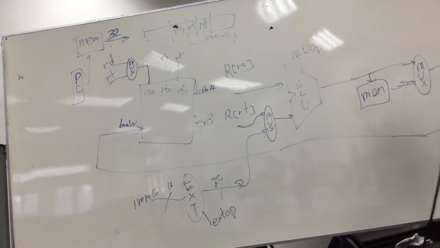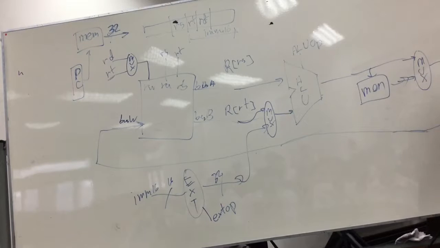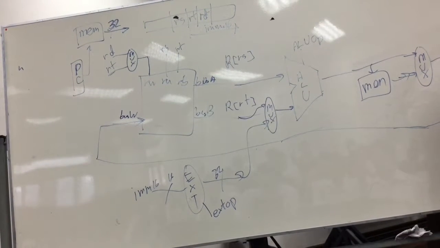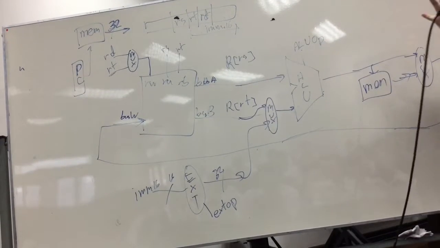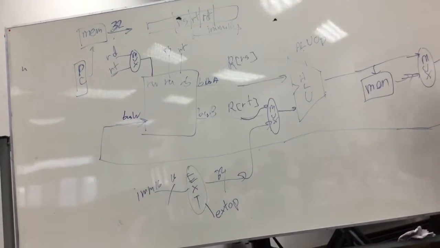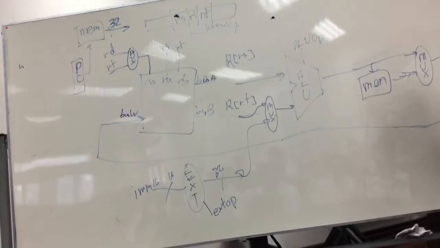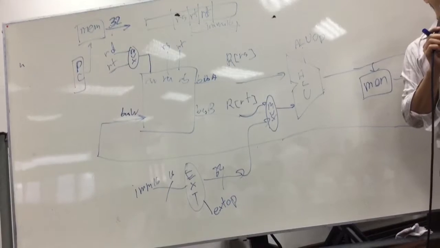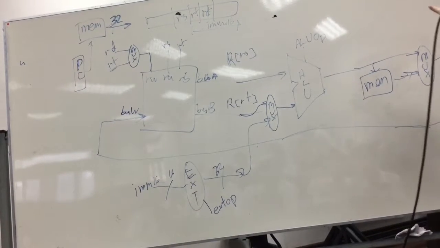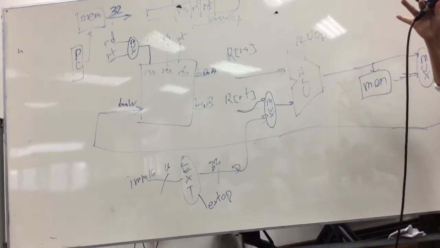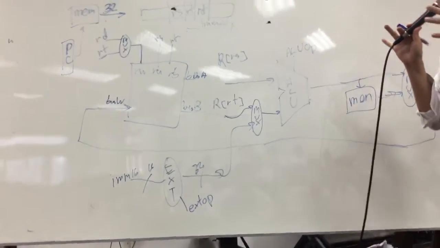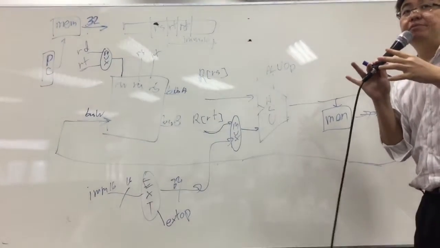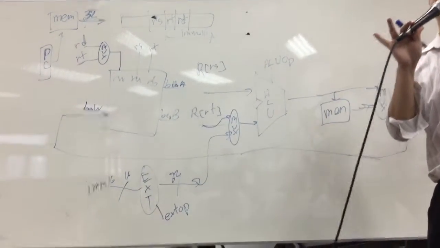Let's move on to the next one. Store instruction. How does it work? It says now we use RRS plus the sign extend 16-bit as an address of the memory, but rather than read data from the memory, we want to write the data back to the memory.